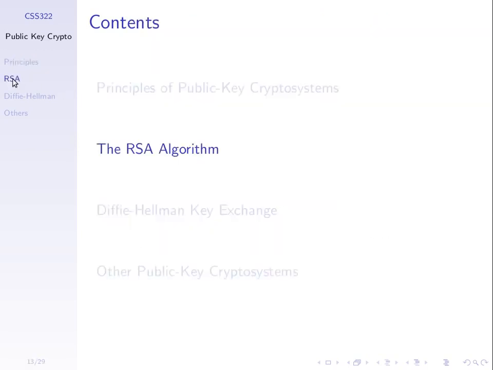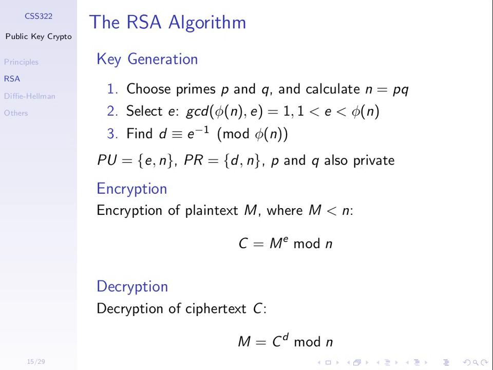The algorithm is called RSA. And we'll go through an example. The algorithm is described on this slide, but we'll go through an example to illustrate it and explain it.